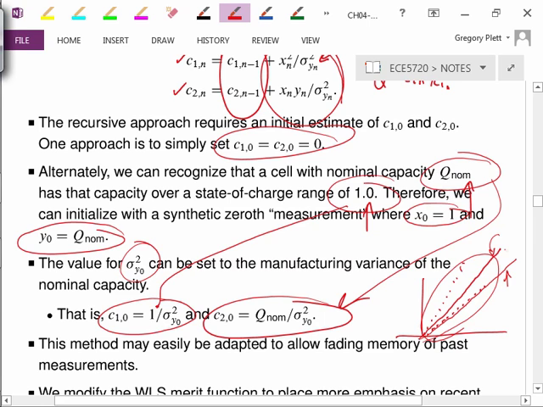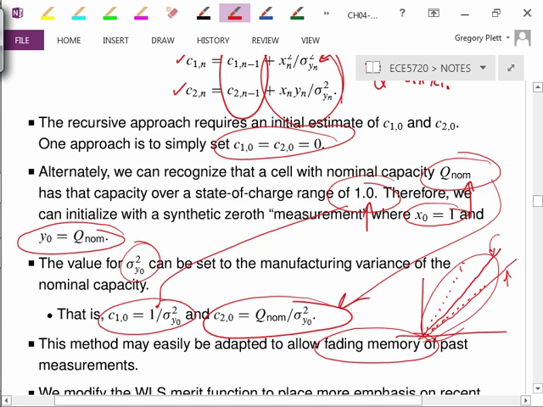We know capacity changes very slowly over time. So it wouldn't be this bad, but the fact still remains that it would be nice to adjust this methodology to put more emphasis on recent measurements, x and y, than we do on the very distant past measurements of x and y.